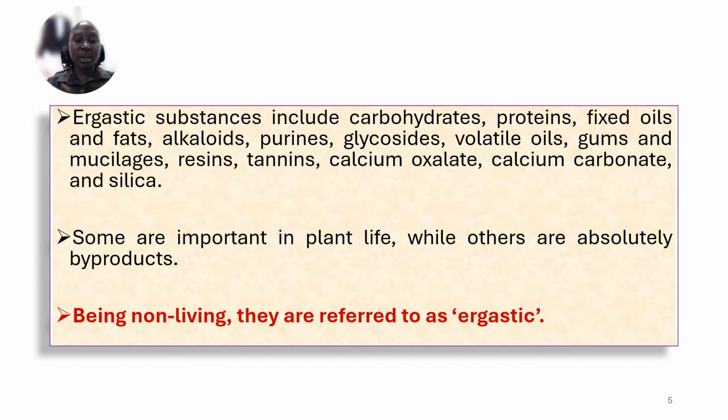We are going to cover carbohydrates, protein, fixed oils, alkaloids, calcium oxide crystals, calcium carbonate crystals, and a bit more of tannins. So please take some time to go through other components. But as we move, we shall be providing a lot of tutorials on these other substances.